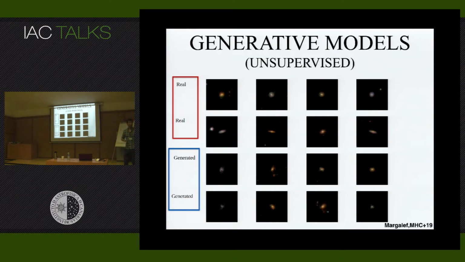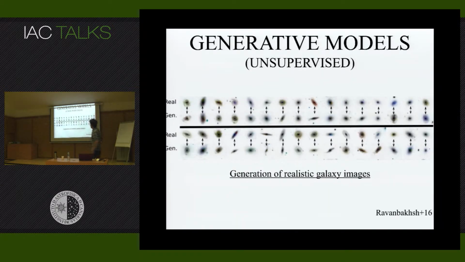The network is shown some examples of SDSS galaxies, and then it learns to generate new data. This is what we call unsupervised deep learning, and you can increase the amount of data. This is another example at high redshift in which, again, you generate very realistic fake galaxies. Doing this with other kinds of algorithms is extremely complex because you need to capture all the complexity of the features, if you have spiral arms, clumps, or whatever.